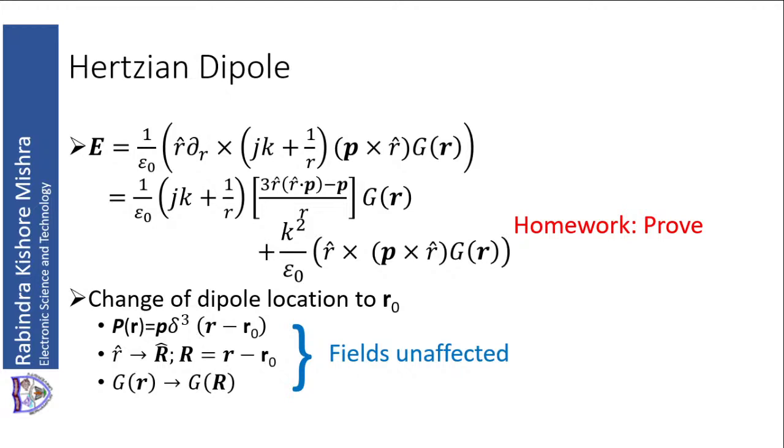Fields are not affected by changing the location from any point to another point r0. Now you can see why the fields remain unaffected. The reason is G small r is equal to G capital R. Therefore, the fields remain unaffected.